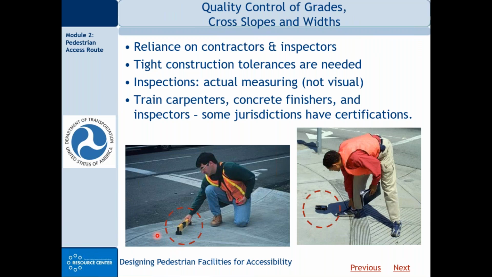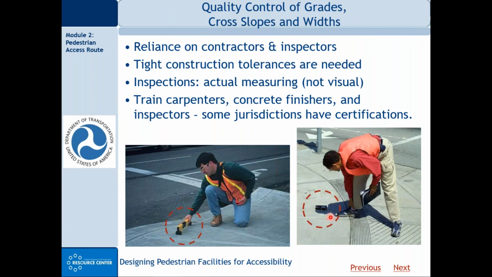As we'll talk about in a few minutes, the correct way to measure a flare is at the back of curb and parallel to the curb. So I'm not sure what he's measuring, but his level is not oriented properly if he's trying to measure the slope of the flare.